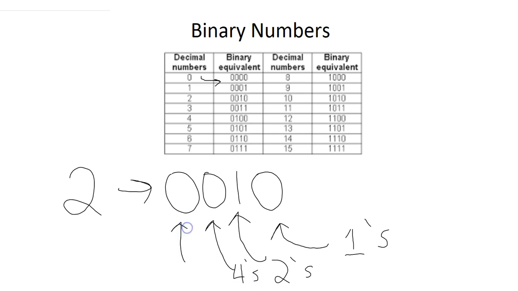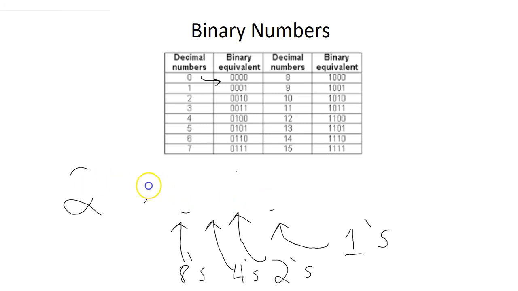And this spot would be how many 8's a number has in it. So if we look at the number 2 again, it is 0010. That means it has 0 ones, it has a 2, no 4's, no 8's, so the value of it is a 2.